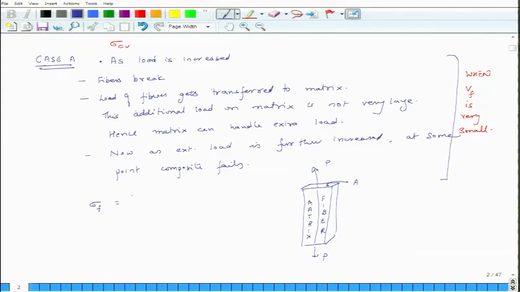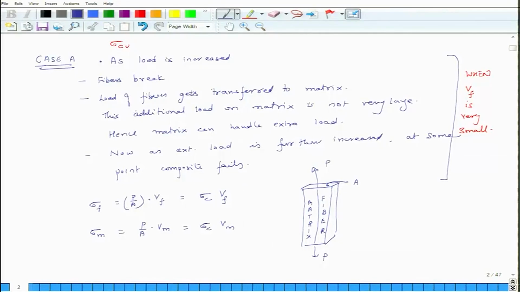It will be P by A into volume fraction of fiber. P by A is sigma C, the stress in the composite, times volume fraction. And sigma M is again P by A into volume fraction of matrix, which is sigma C Vm.